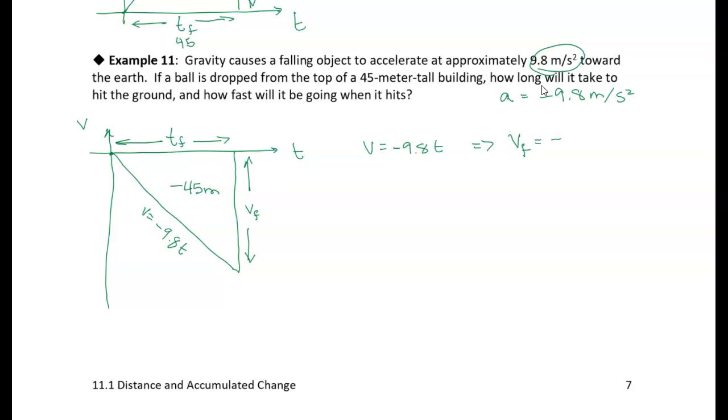So our final velocity will be negative 9.8 t final. Okay, I can write it that way. And then I know that this distance is equal to 1/2, right? I'm writing the area of this triangle, 1/2 v final t final.